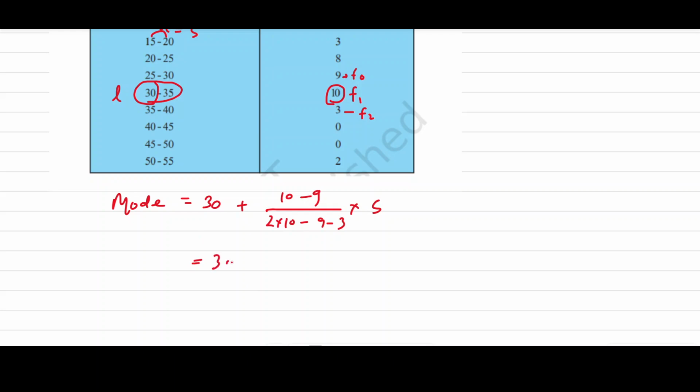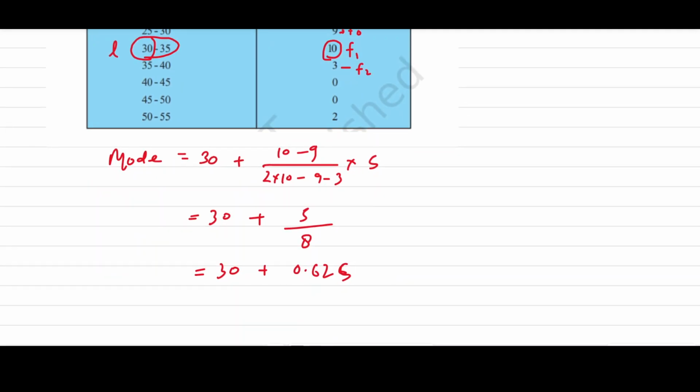Here this will be 30 plus 10 minus 9, which is 1, times 5. Now 2 tens are 20, 20 minus 9 minus 3 is 12, and 20 minus 12 is 8. So 30 plus 5 by 8, which is 0.625.